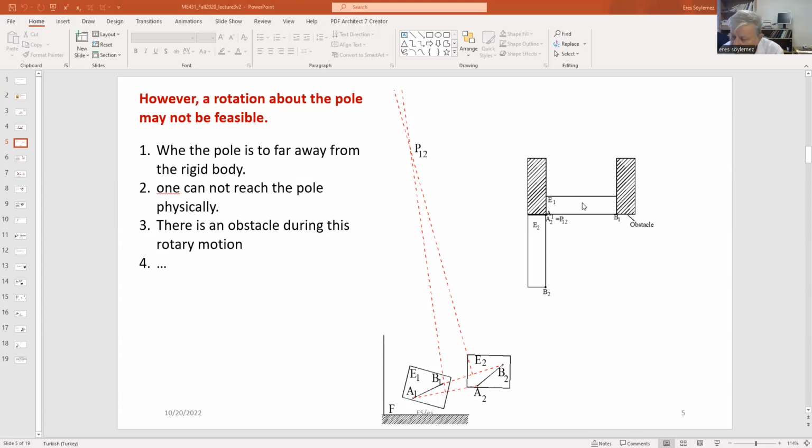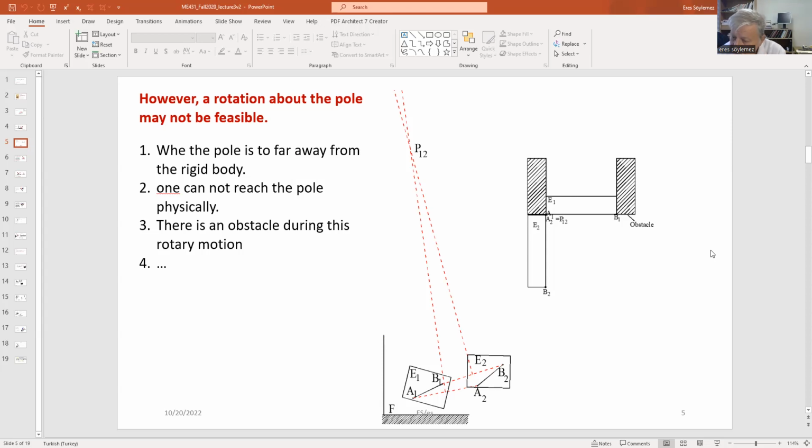You have to first move this rigid body forward outside the obstacles and then rotate. Can everybody see that? So depending on the obstacle, depending on where P12 is, you cannot use this pure rotation. Let me repeat, pure rotation is the simplest mechanism that you can design. No problem.